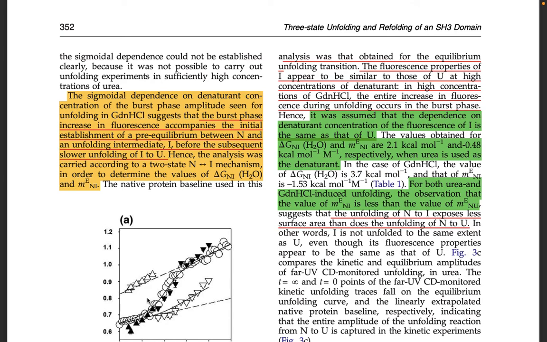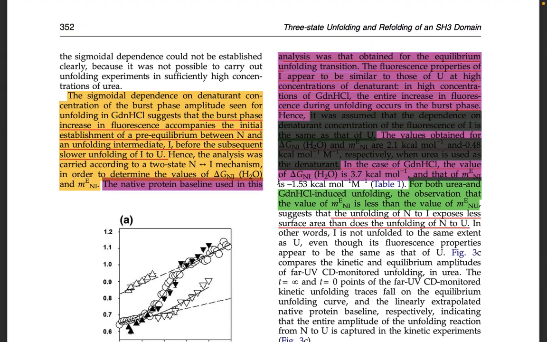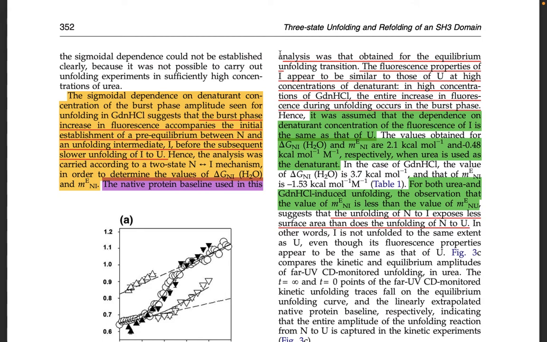Because it does not have a native state baseline, because you cannot jump to zero concentration of urea essentially. Here the argument is clear that you cannot jump to 0 molar concentration of urea.